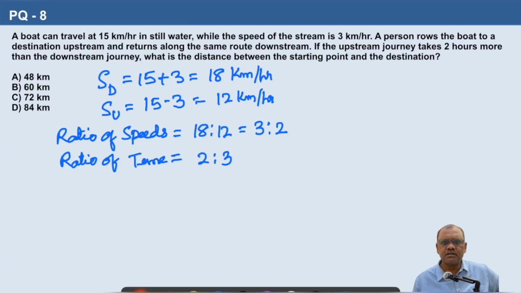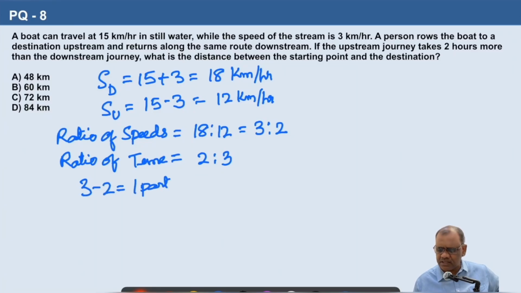In the previous question, the total time was given. Here, the difference of the timings is given. The upstream journey takes 2 hours more than the downstream journey. So the difference of the timings, 3 parts minus 2 parts, is 1 part.